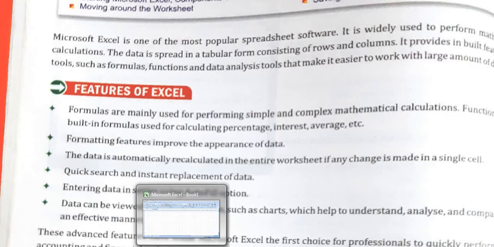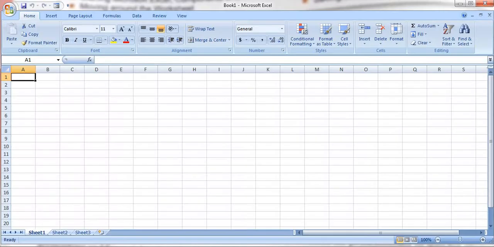Like MS Word, PowerPoint, you first go to the Start button, then All Programs, then Microsoft Office, and there you will see PowerPoint, Excel, or Word, whatever. These are all packages of Microsoft Office. So here also first we will go to the Start button, then All Programs, then Microsoft Office, and there we will click on Microsoft Excel, right?